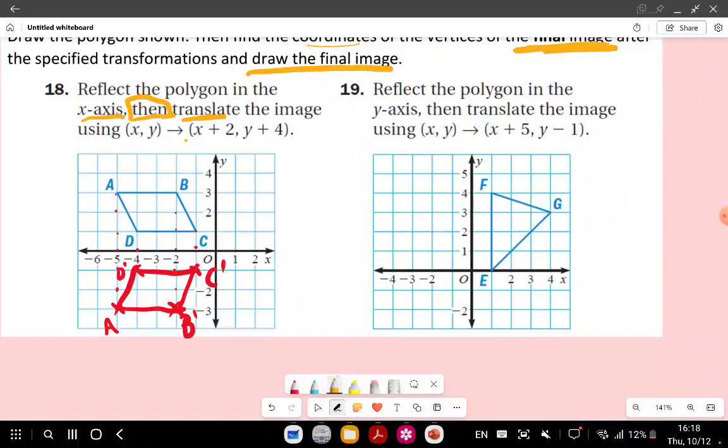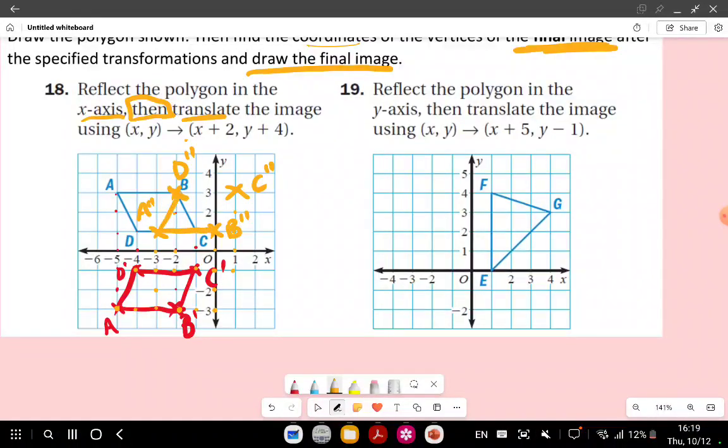My translation is going to be 2 to the right, 4 up. That's C2. B2. That's D2. That's A2.